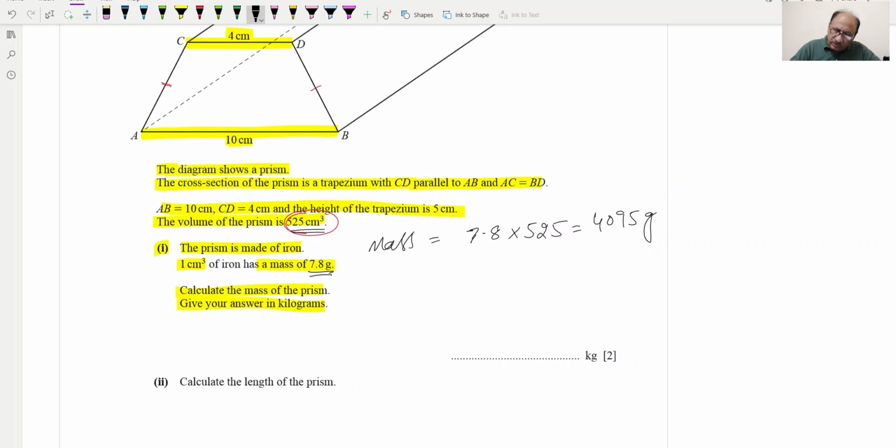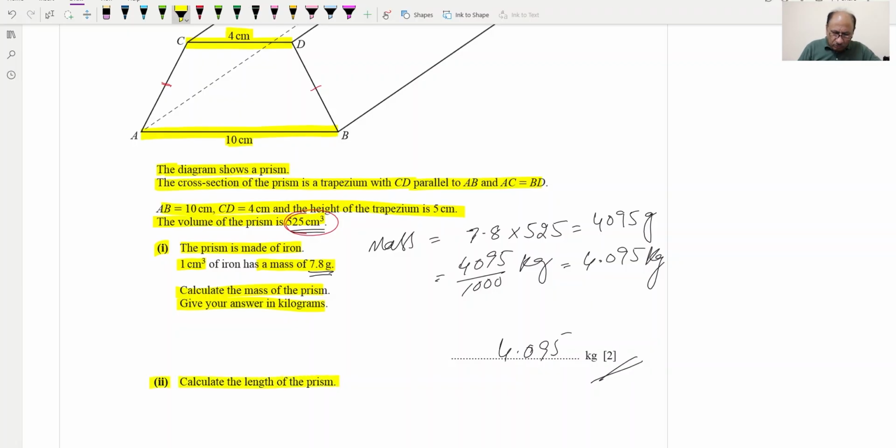So we write 4095 divided by 1000, which is equal to 4.095 kilograms, which we can write over here. This will be our final answer for 2 marks. Hopefully you understood this. Now calculate the length of the prism.